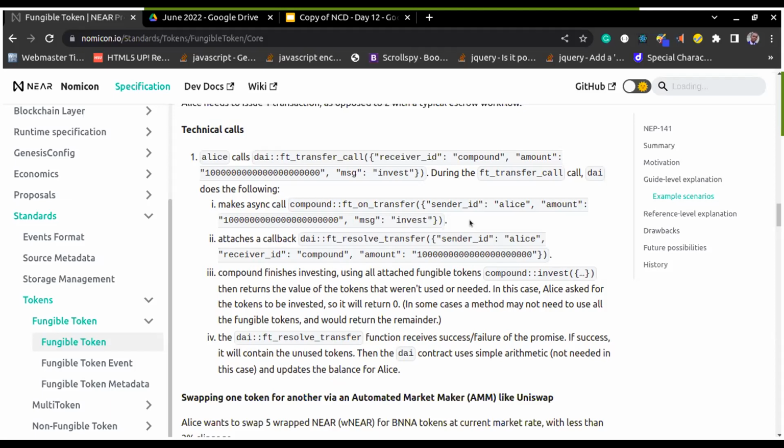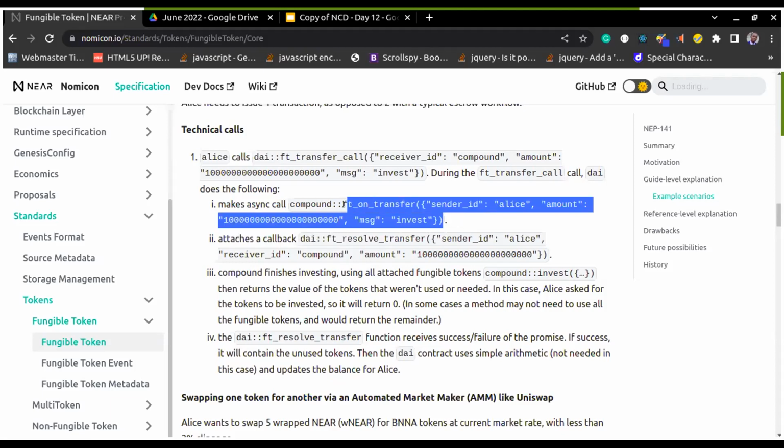And if everything goes well as expected, then it will return with a value indicating whether the transaction should succeed or not. Okay. So it attaches a callback. So given the return value of this particular function after doing the cross-contract call, and again, if you can remember, while we were doing the cross-contract call, there was a way we were handling callbacks.